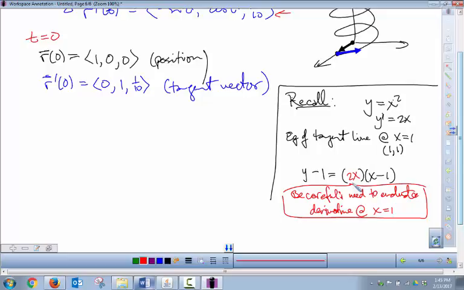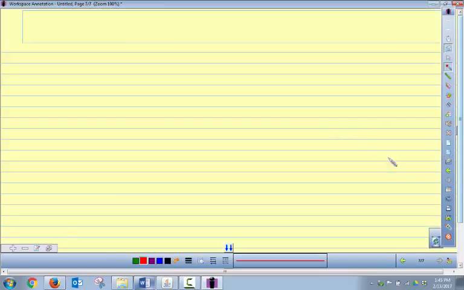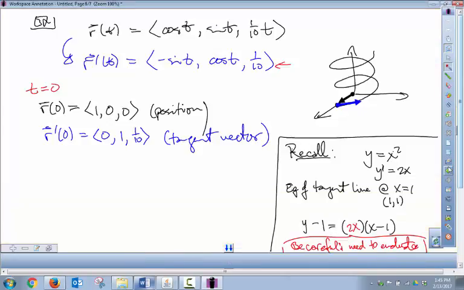Okay? So that's your tangent vector. And we could do more derivatives. By the way, let's put names to it right now.